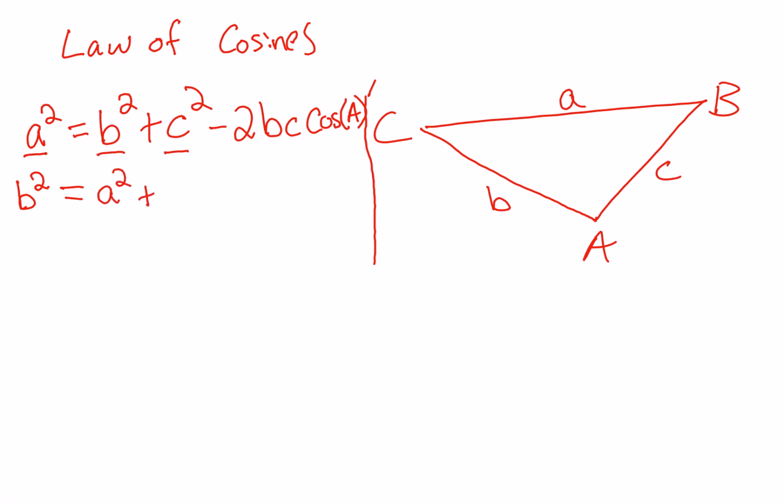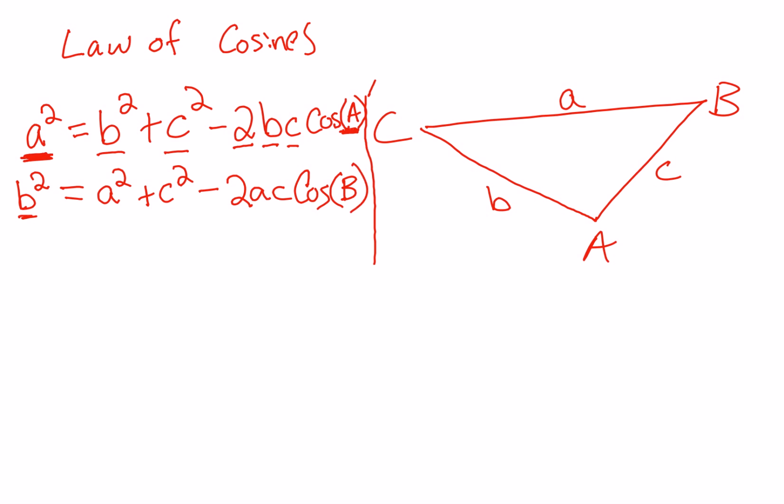A squared plus c squared minus 2 times, now notice up here again we said minus 2 times the other two sides, not the a over here that's by himself, 2 times bc. Well, here we're going to say b's by himself, so we're going to say 2 times ac times the cosine of, and notice we use the angle across from little a, so here we're going to use the angle across from little b, which is big B.